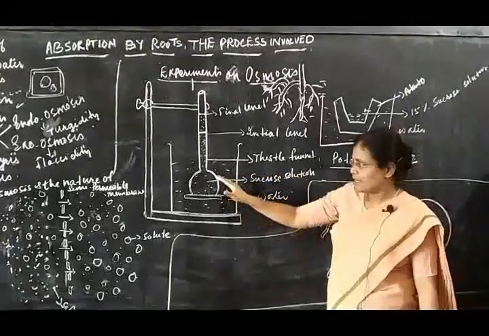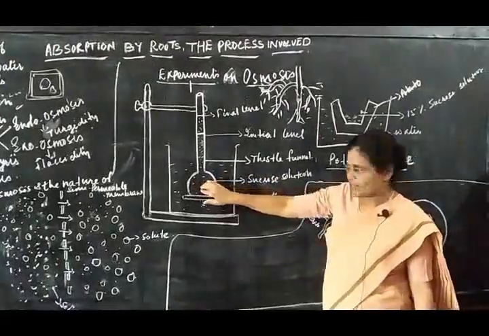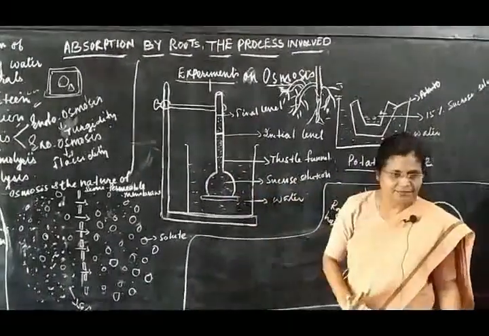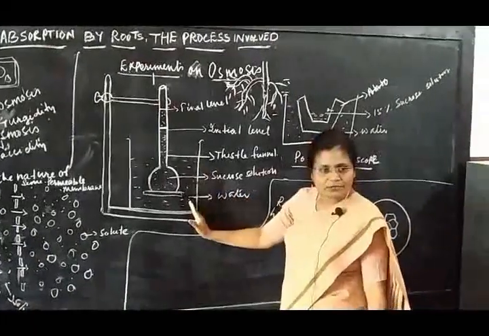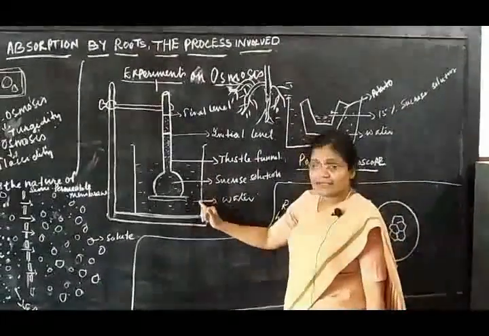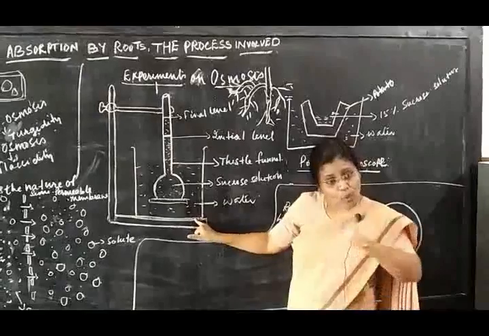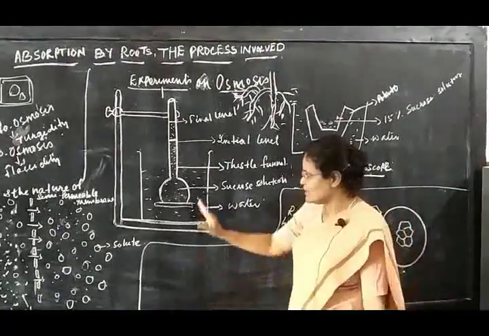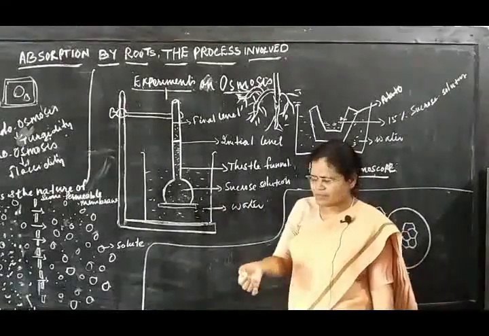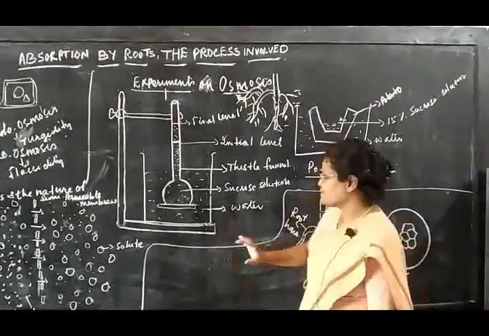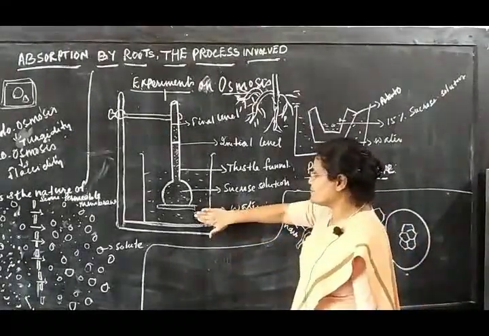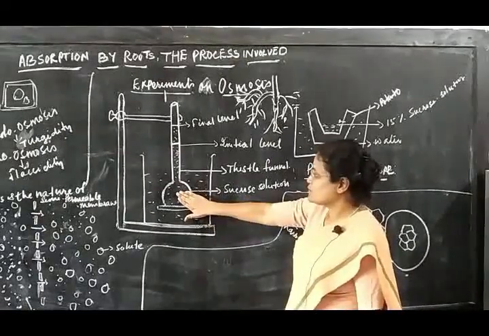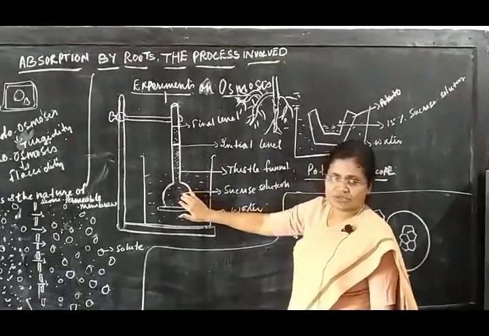So, remember children, inside you have sucrose solution, outside you have only water. So, automatically the outer one has dilute solution, or more water and no salt. In fact, no solute at all, only water, or you can maybe put just an inch of salt, but here we have taken just water. Inside you have sucrose solution.